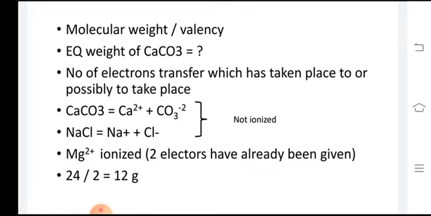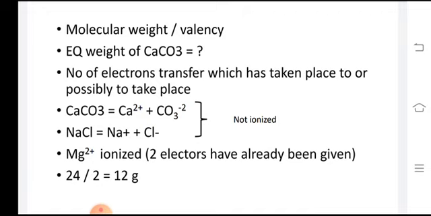So 2 electrons have already been given. If you check Mg2 plus, what it actually means is that it has two electrons in its outer shell which have already been given.